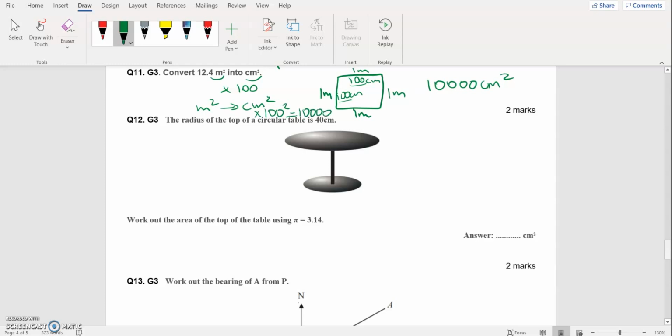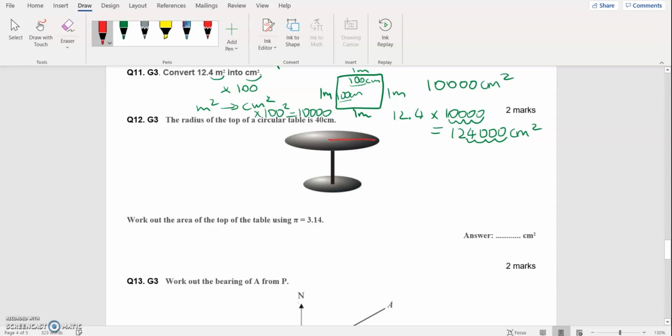So I'm going to do 12.4 times 10,000, which means I'm going to move the decimal point 1, 2, 3, 4 places to the right. So from this point, we have 1, 2, 3, 4. So the answer should be 124,000 centimeters squared.